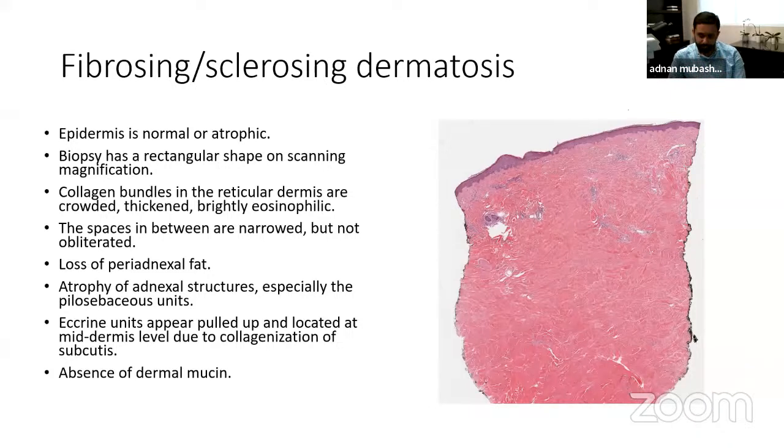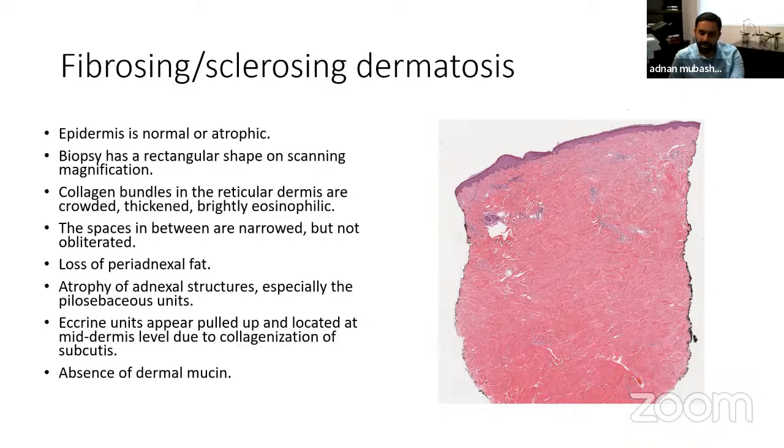There's no thinning at the bottom, and then you will see loss of periadnexal fat. There's hardly any space in between these collagen bundles, and you have the rectangular shape of the biopsy. And then you have the remnants of adnexa, but there's no adipose tissue around it. So that is a sign for sclerosing, fibrosing disorders.